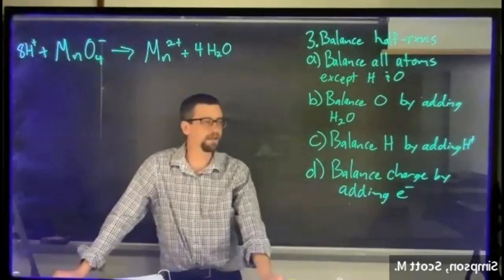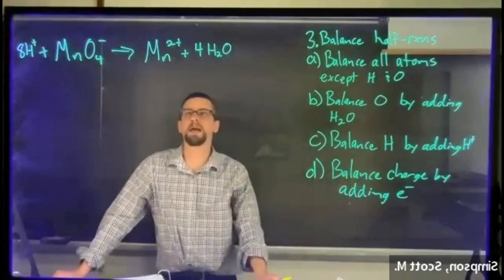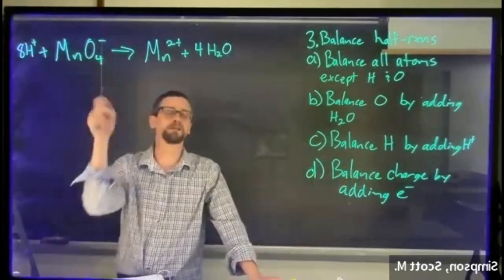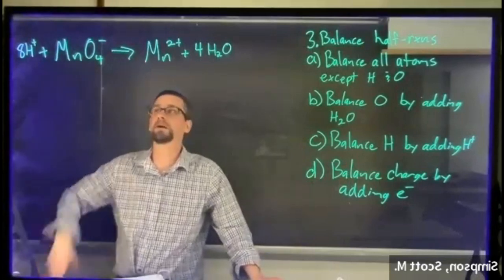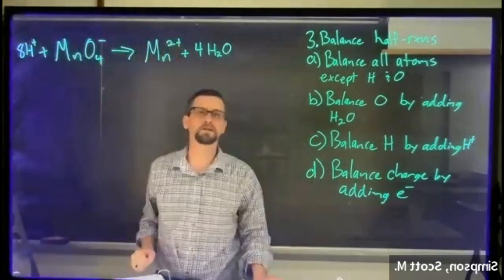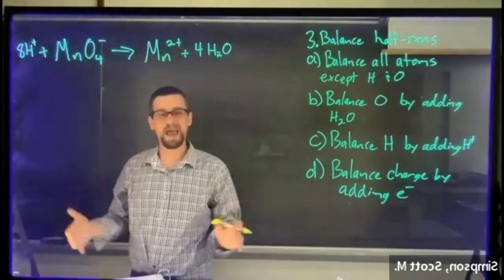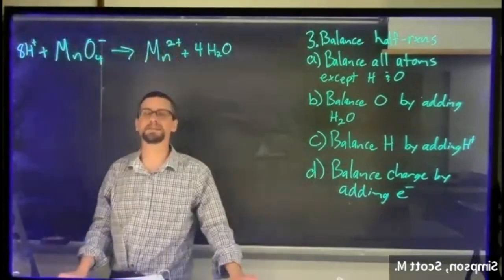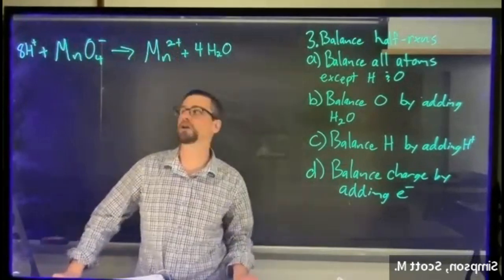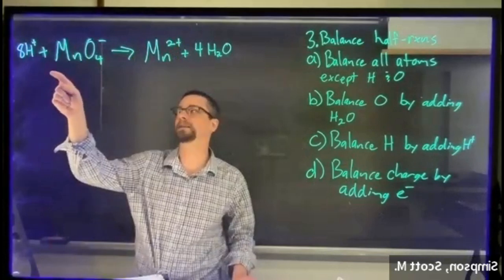Okay. With that, we have the hydrogens balanced. We've completed C. Now we've got to balance the charge by adding electrons. The other thing we want to keep in mind is the oxidation states of everything here. So we're going from a +7 to a +2. We're going to have to add electrons to the system because the manganese is being reduced. In order to make sure that that reduction happens, we've got to add electrons to this side.